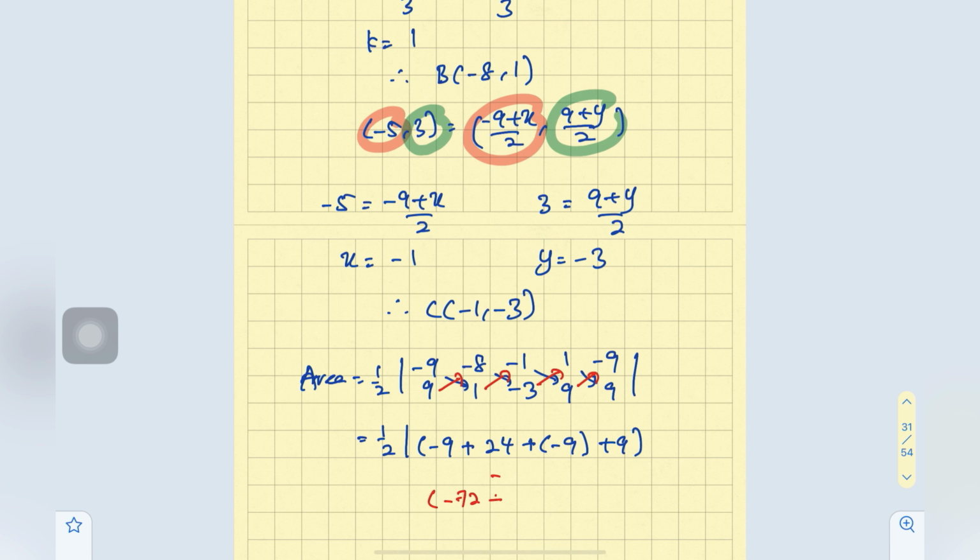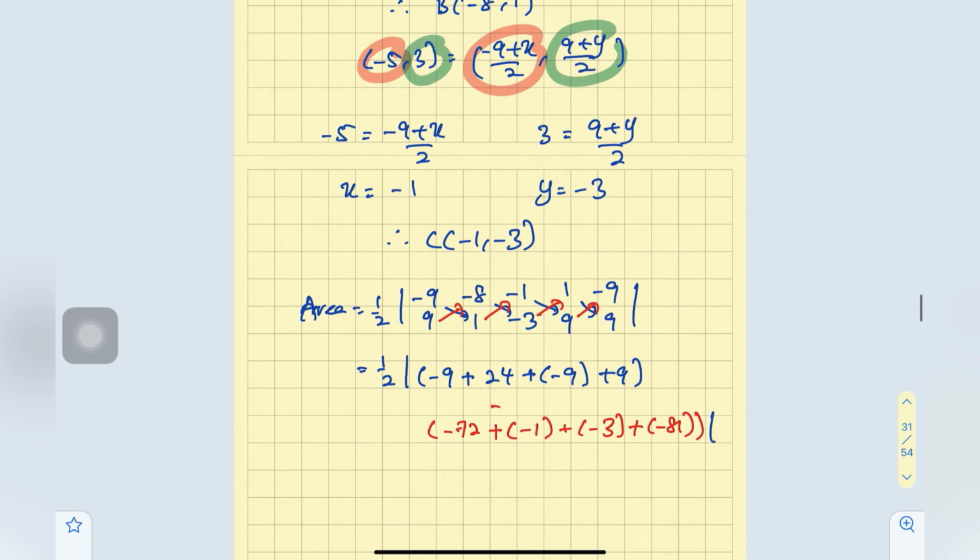Okay, plus -1 plus -3 plus -81. Okay, so kita kira lah. Nanti kita akan dapat. Jangan lupa ni modulus, so kita akan dapat negatif pun kita kena positifkan sebab area always positive. So the final answer is 86.